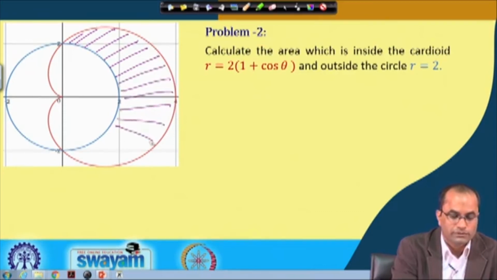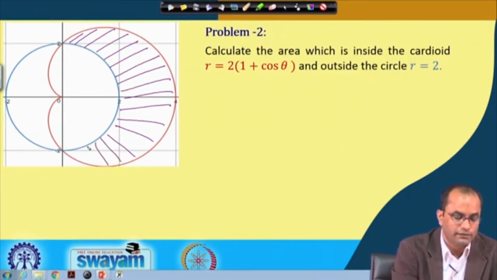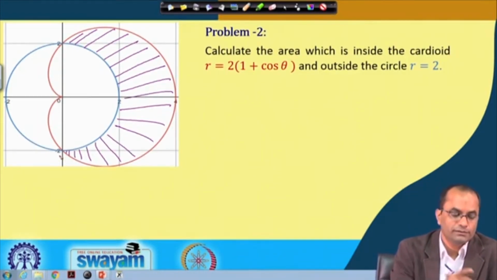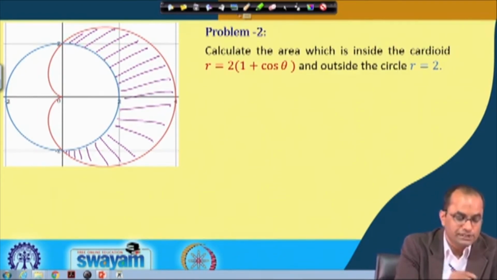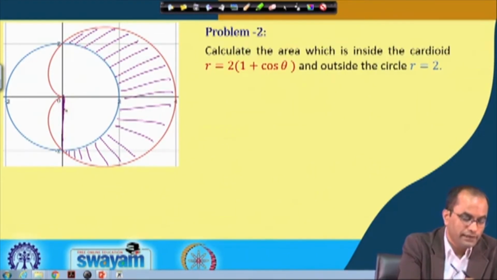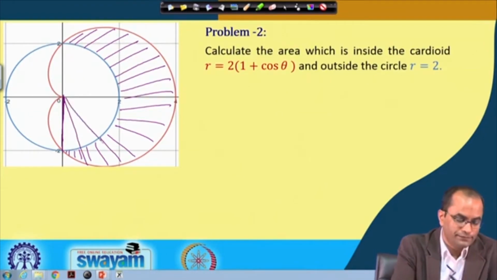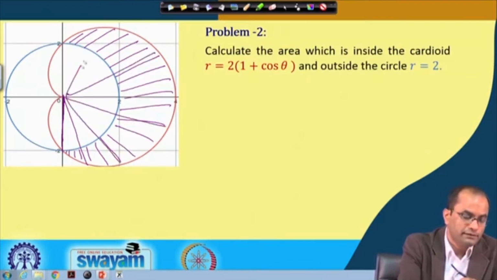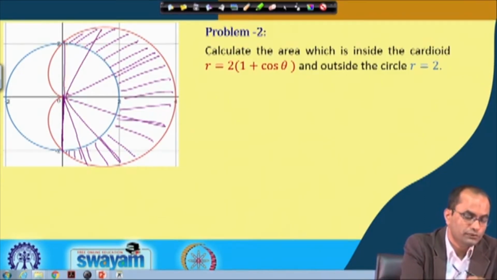So, this is the region we want to find the area of, and naturally we will use the polar coordinates, because this is again much easier. So, we are moving in theta from this point and then going all the way, and theta will go up to this point.